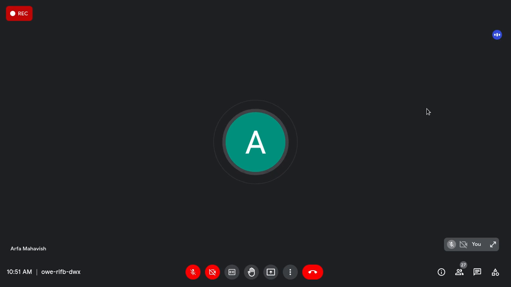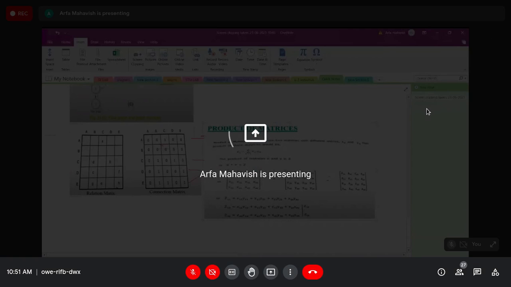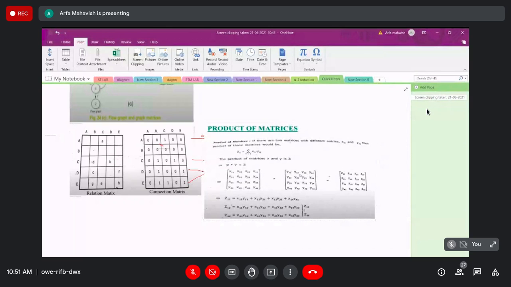Look at this. This is the power of matrix, and this is the formula. The formula is z_ij = sigma, k = 1 to n, x_ik y_kj. The product of matrices x and y is z. So we are multiplying x and y and getting the z value.